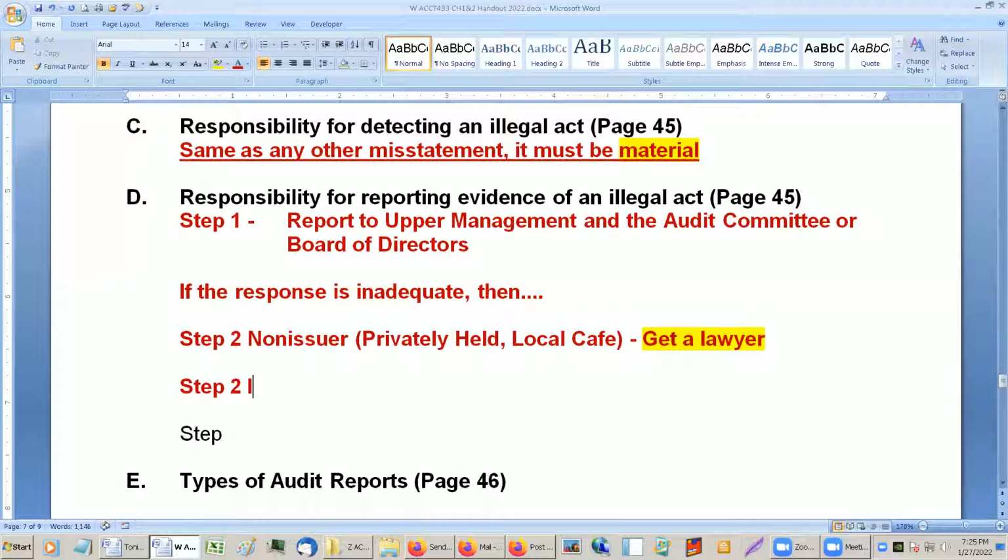Two, if it's an issuer, this is publicly traded.